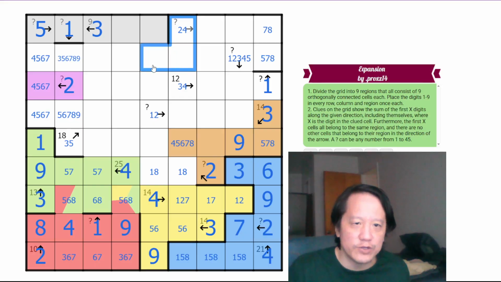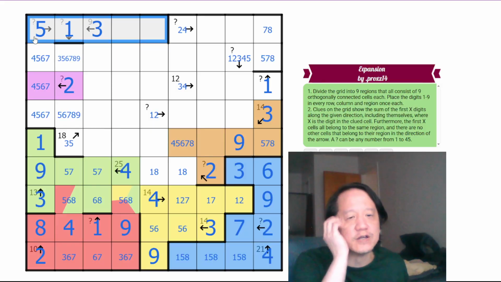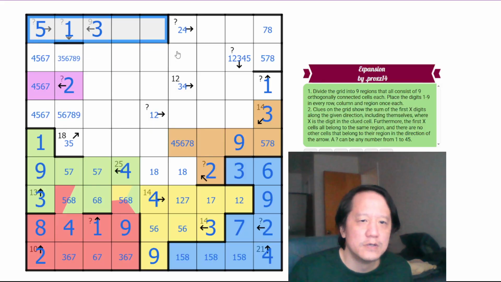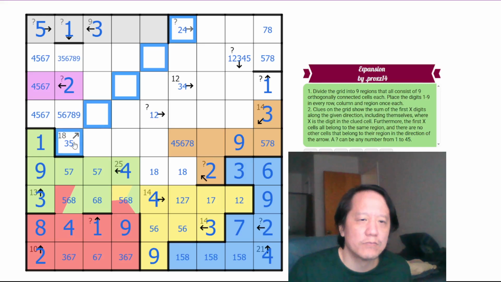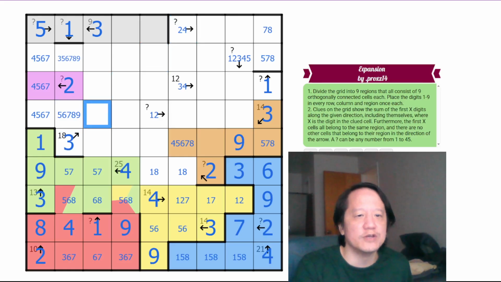And even if we go 1 through 9, that's still not enough to form 2 valid regions, and these have to be 2 valid regions here. Because this is not going to be the same region as this, because by this going 5, it's too big. So this has to be 3 then.